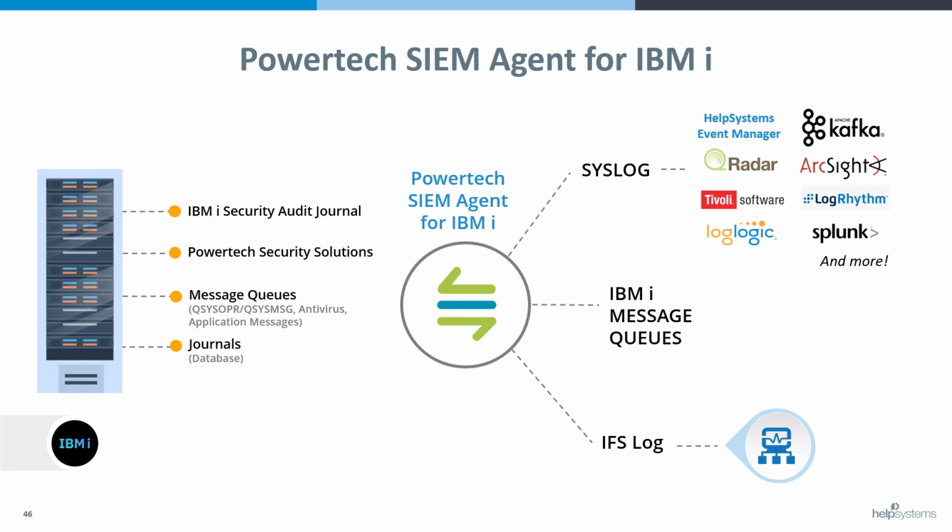The syslog is probably the most common use of this tool. That's the real-time feed into an enterprise level SIEM. But we can also send alerts to IBM message queues, and we can also build a log file within the integrated file system. So if you don't have a SIEM today, all is not lost. There are other things we can do in order to give you that real-time visibility.